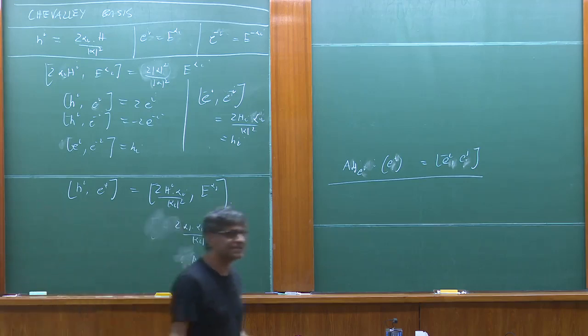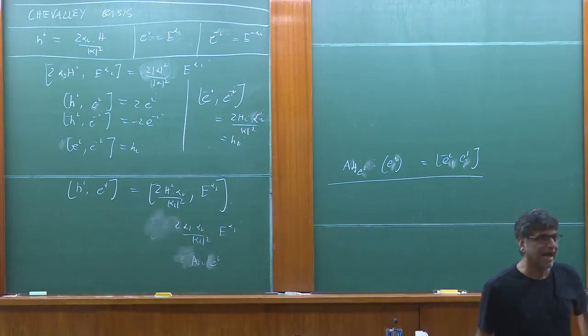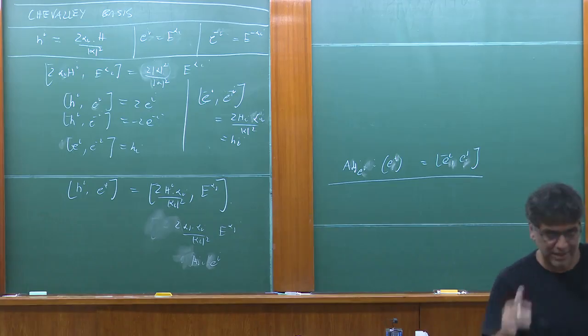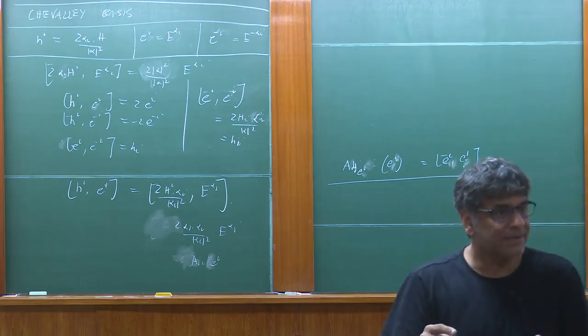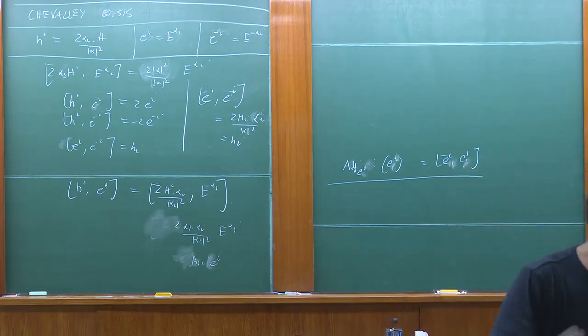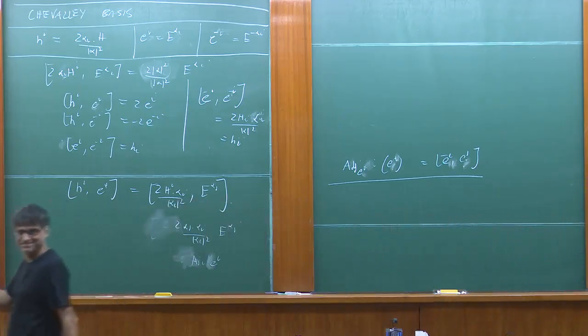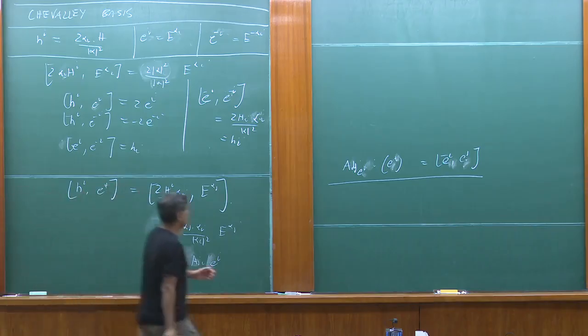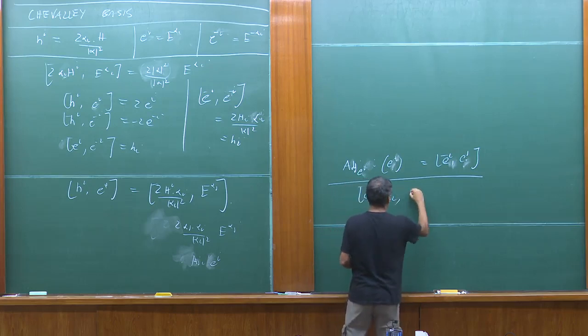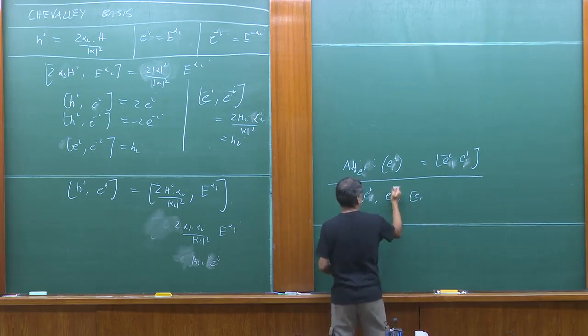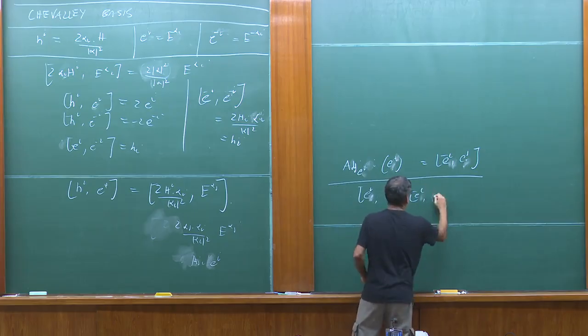Okay? The question is, when does it terminate? How many times? So suppose I do this adjoint E_I on E_J, then I do it once again, E_I commutator with that, and just keep going, acting by E_I m times in the adjoint representation.